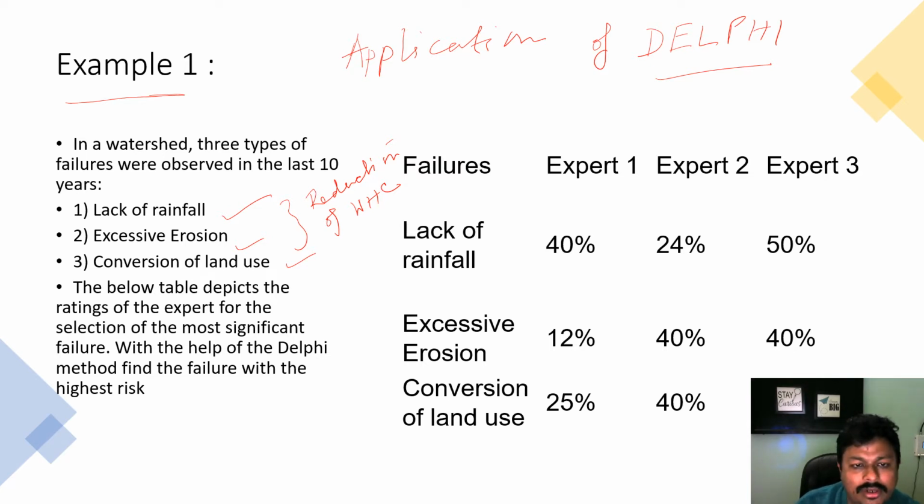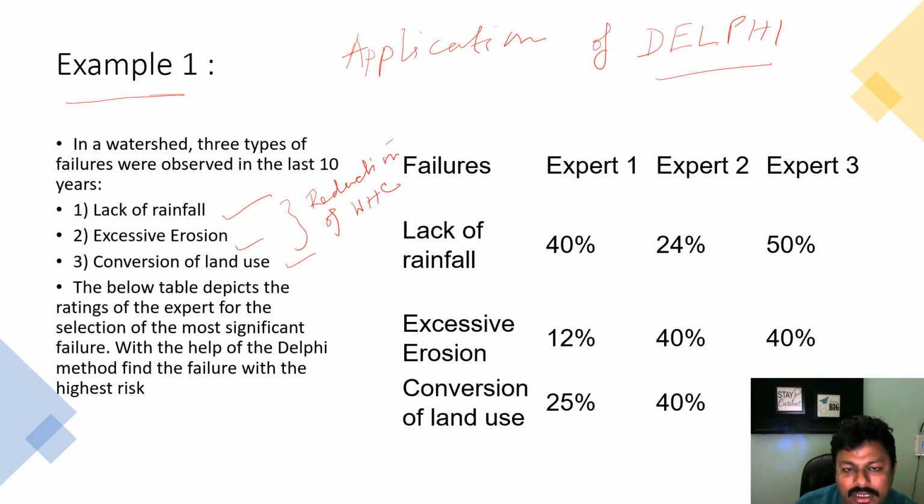Conversion of land use means forest land converted to agricultural land, or agricultural land converted to urban land. The amount of impervious area increases with the conversion of land use, because in a forest there is no impervious area.